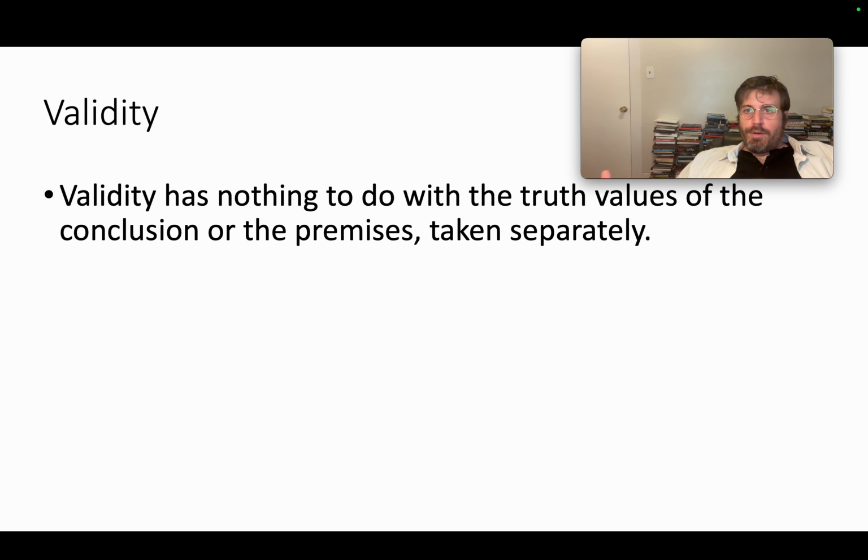Is that conclusion following with necessity from the premise, right? That's really our definition of validity. So the sentences by themselves don't really mean anything for our purposes. It's really the overall totality, the overarching structure that is going to yield validity for us.